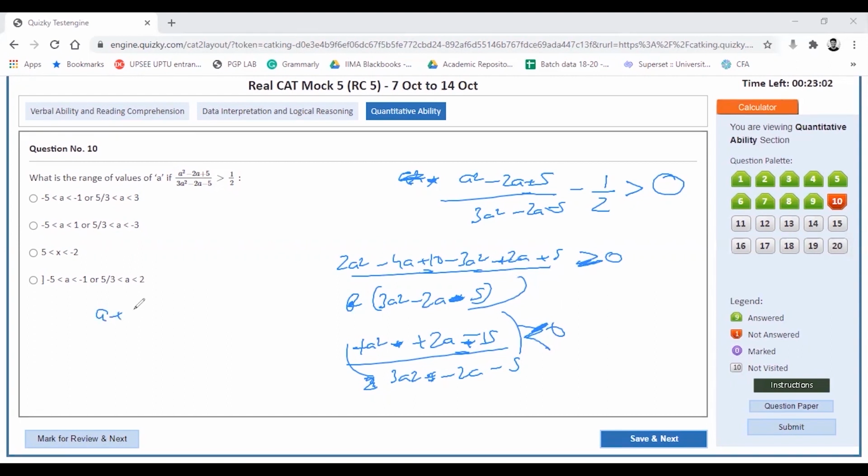Numerator is a plus 5 times a minus 3, into, denominator becomes 3a, 3 times minus 15. I can take minus 3 times plus 5.